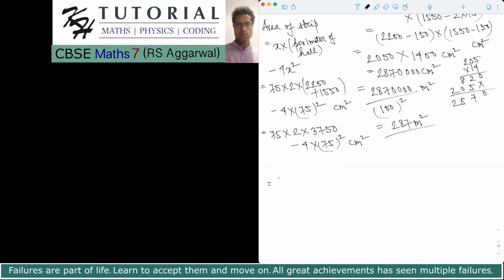This is equal to 75 multiplied by, how much is 3750 multiplied by 2? 7500, and we have minus 4 multiplied by 75 square, this much centimeter square. So let's take 75 common, and we have 75 multiplied by 7500 minus 4 multiplied by 75, this much centimeter square.